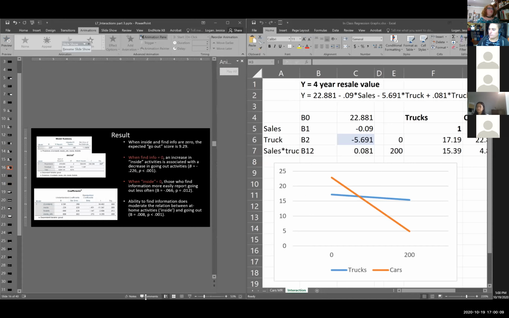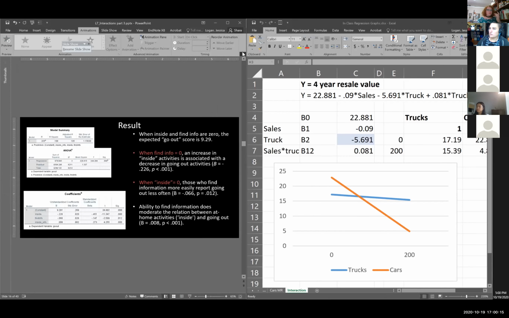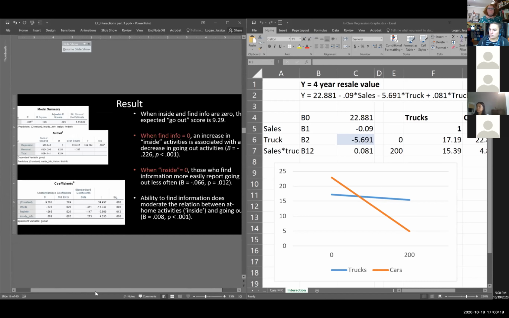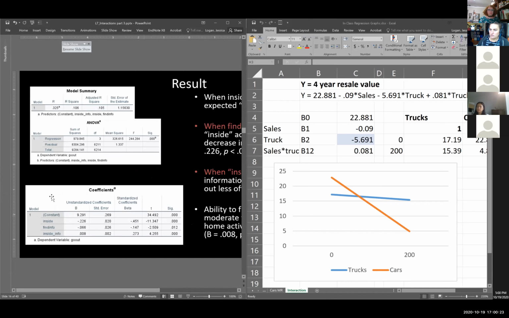There we go. If I do this, can you see it? Can you see that well enough to write it?